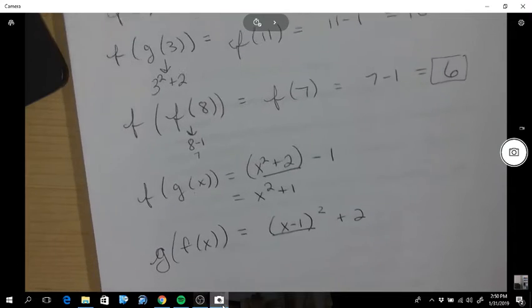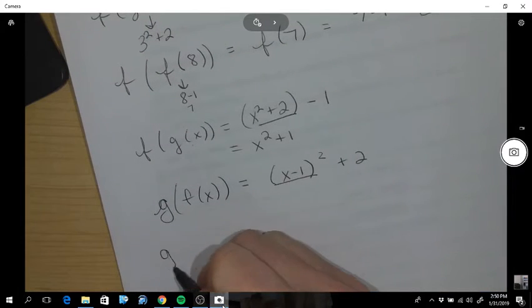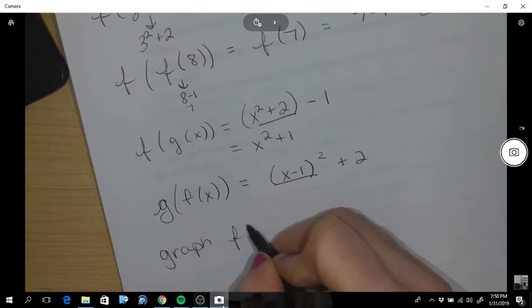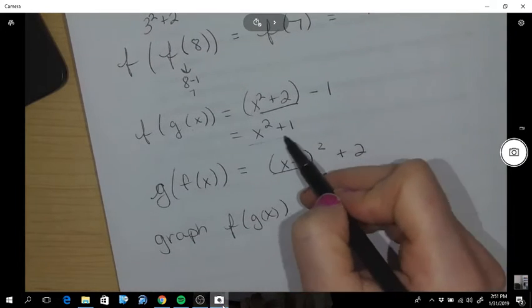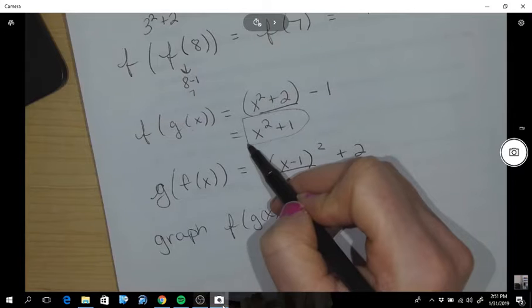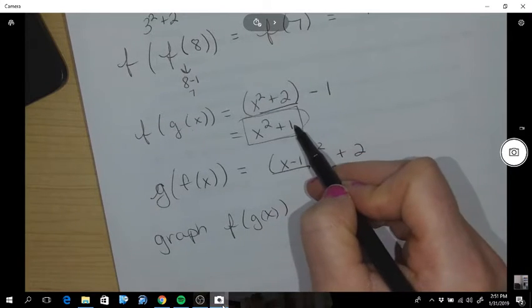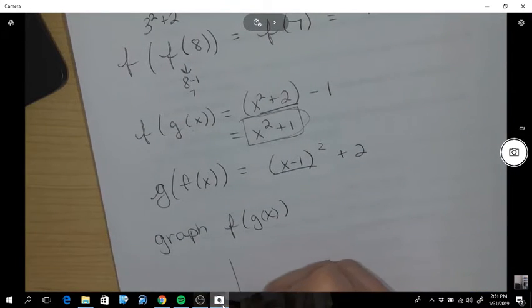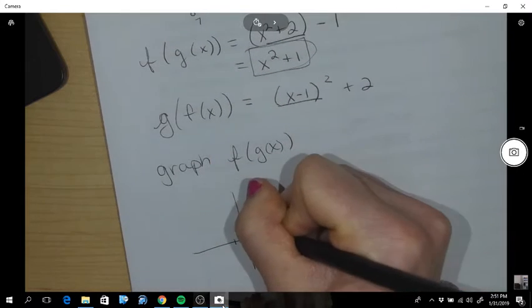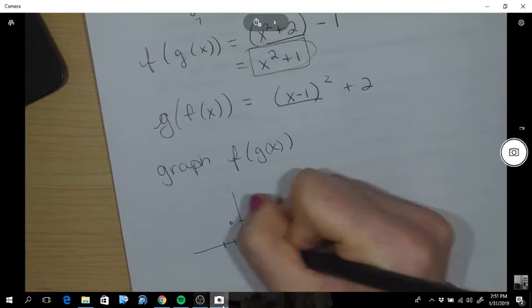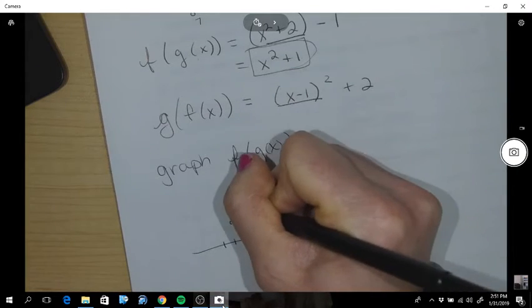Okay, so if I was to graph these, now this is a parabola, and it's basic, but it's shifted up 1. So there's my vertex, and then I can do the basic pattern 1, 1, 2, 4.